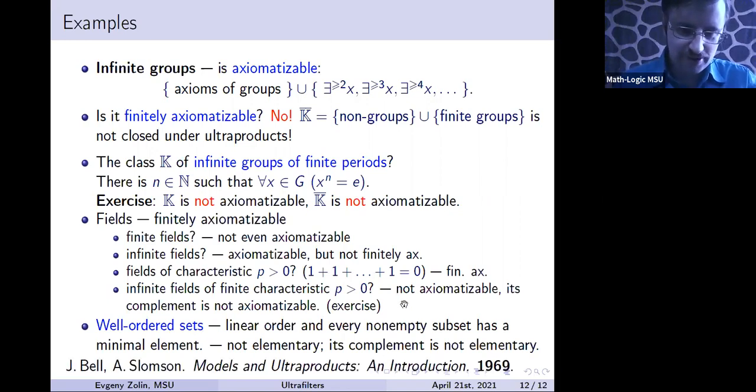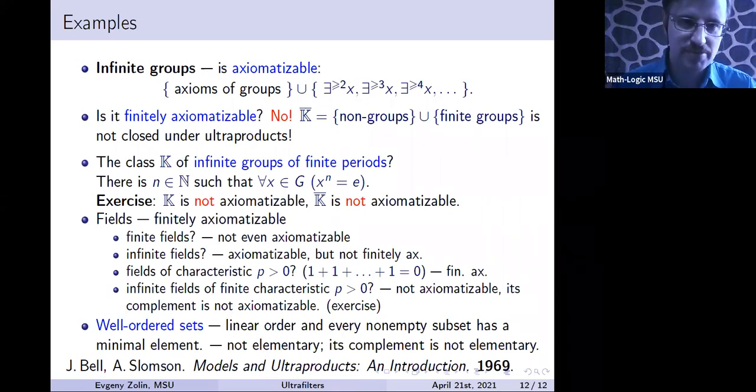These and other results can be found in this book, Bell and Slomson, Models and Ultraproducts: An Introduction. In particular, you can find more information about room number 4, the unions of axiomatizable classes. What is this?